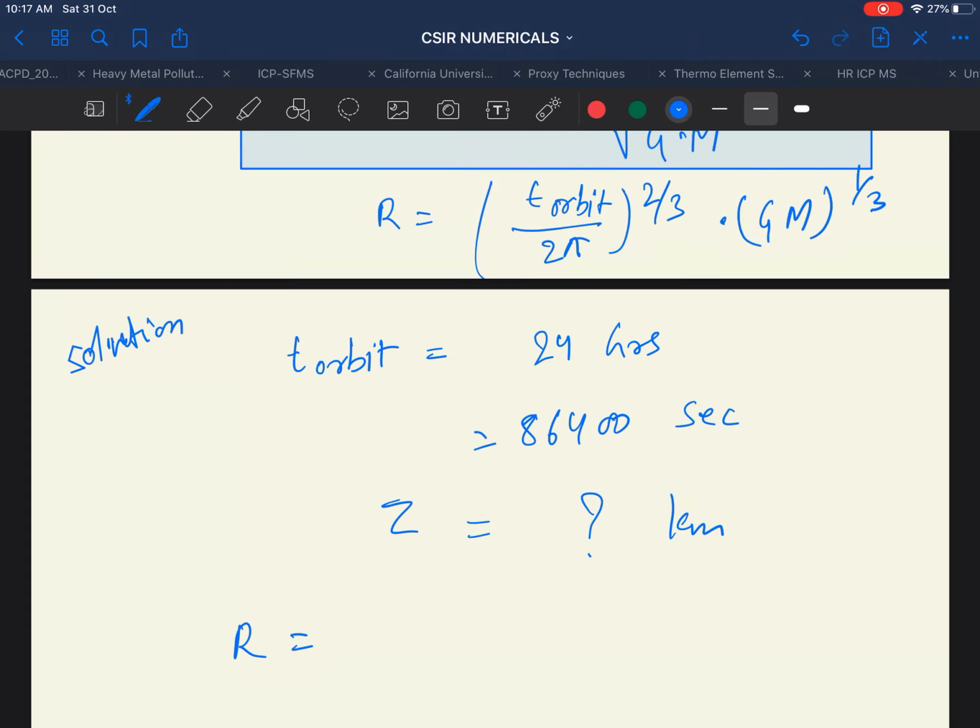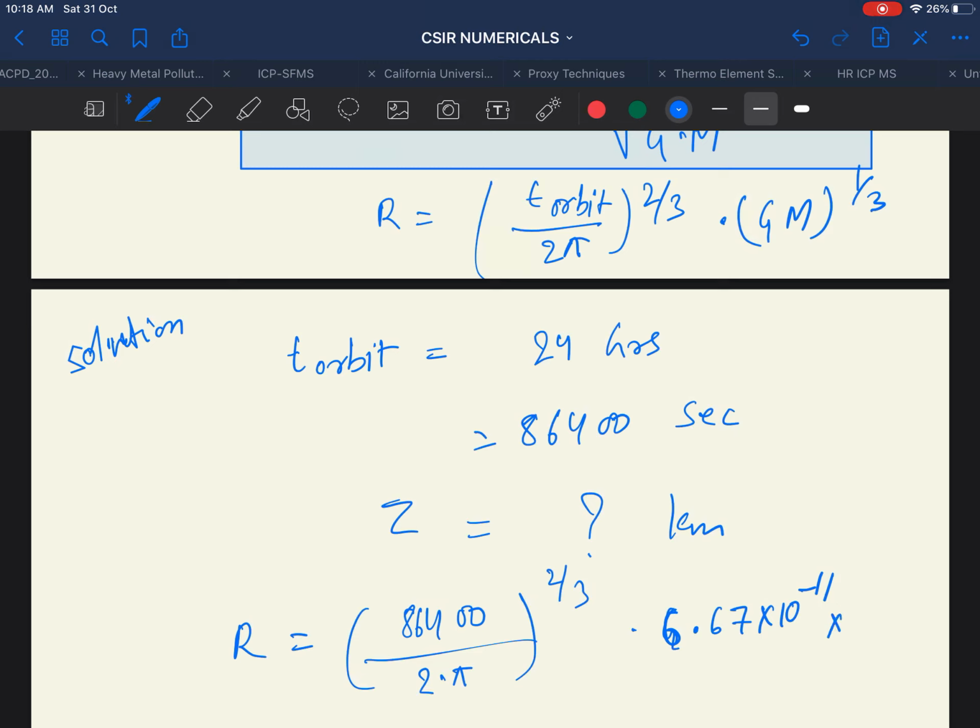T orbit is 86,400 seconds, divided by 2 pi, to the power 2 by 3, into G, the gravitational constant, 6.67 into 10 to the power minus 11, and M is the mass of the earth, which is 5.9 into 10 to the power 24, the whole to the power 1 by 3.